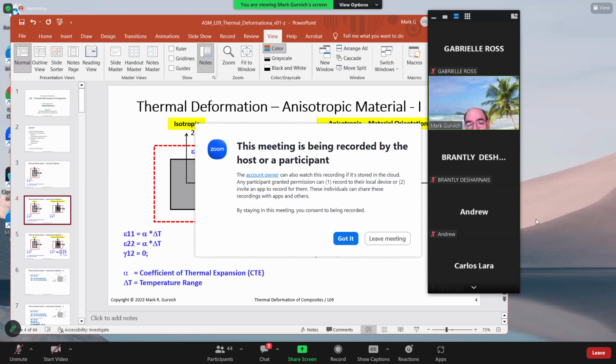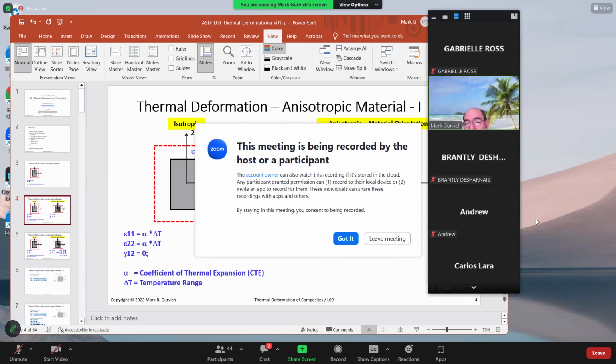Epsilon sub 1, strain in orientation 1, will still be proportional to delta T, but now we need to multiply by alpha 1, and alpha 1 is CTE in orientation 1. Epsilon sub 2, again, will be proportional to delta T, range of temperatures, multiplied by alpha 2, and alpha 2 is a CTE in orientation 2.